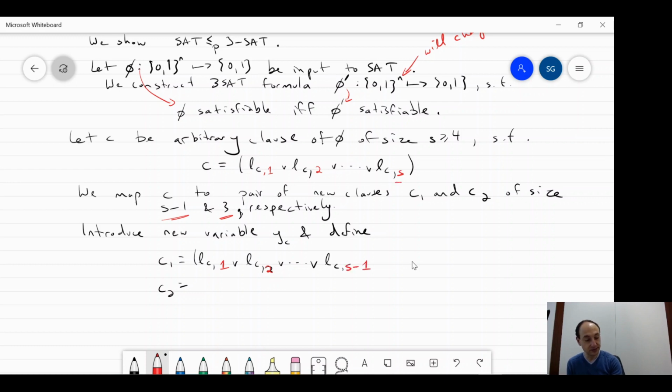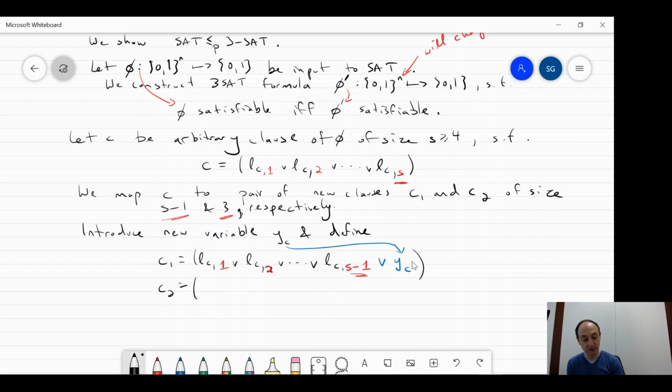You notice here it used to be s, but I'm not going to go up to s, I'm going to go to s minus 1. I'm going to strip off the last variable, and instead I'm going to insert this or y_C variable, the new one.